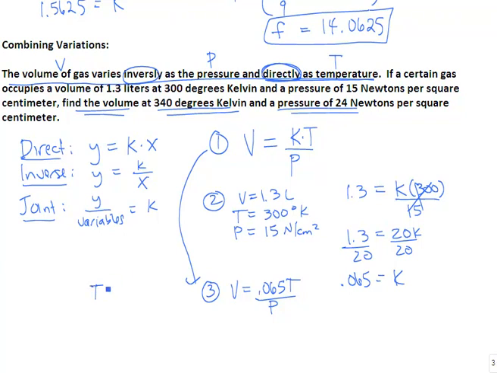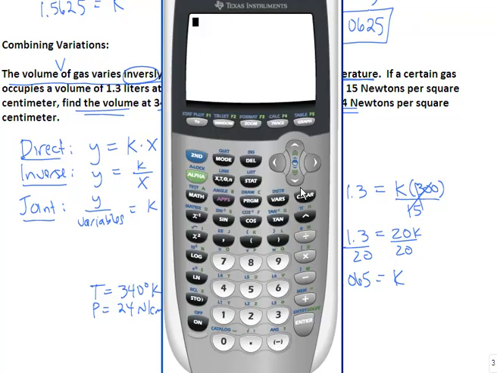So we're letting T, the temperature, be 340, and we're letting our pressure P be 24 newtons per square centimeter. So we're looking for V, I'm going to leave that V, and I'm going to substitute in 340 for T and 24 for P.